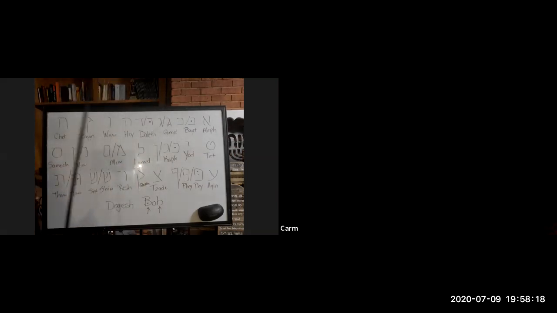That is your bait. Your next letter is your Gimel, which also has a dagesh. And you'll notice several letters have your dagesh. This is called your Bagad Kafat letters.